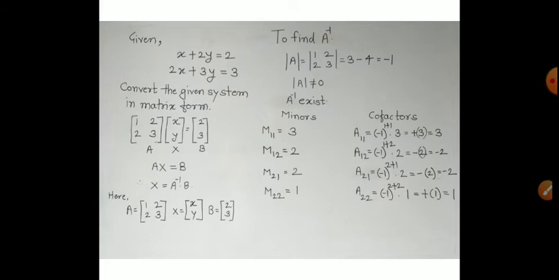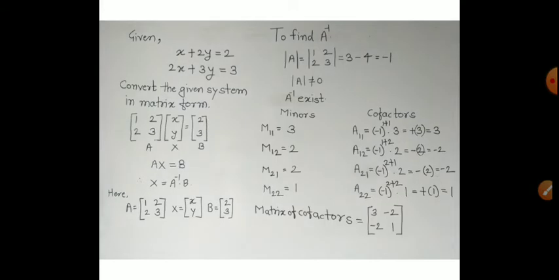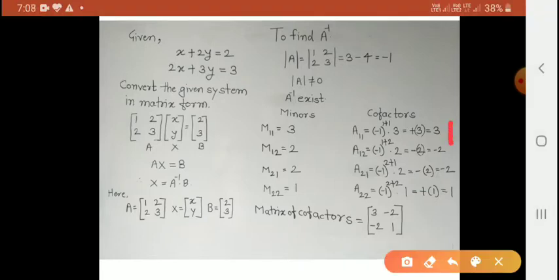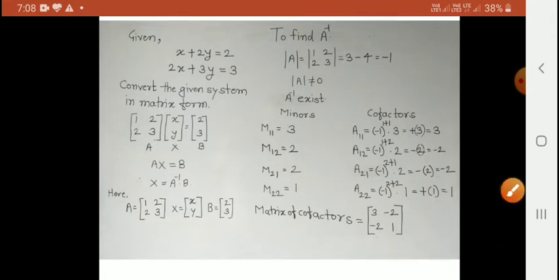Now we have all the cofactors. Then we write the matrix of cofactors according to these cofactors. A11 is 3, A12 is minus 2, A21 is minus 2, A22 is 1. This is the matrix of cofactors.